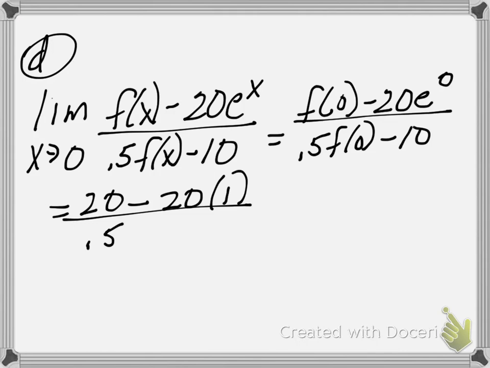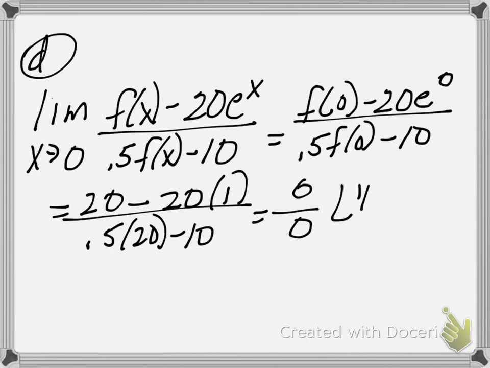We get 0.5 times f of 0 again, that was 20, minus 10. So we're going to get 0 over 0, and that means that we can use L'Hopital's rule. If you just wrote that L'Hopital's rule is being used, you got 1 point. Okay, so that's pretty good.